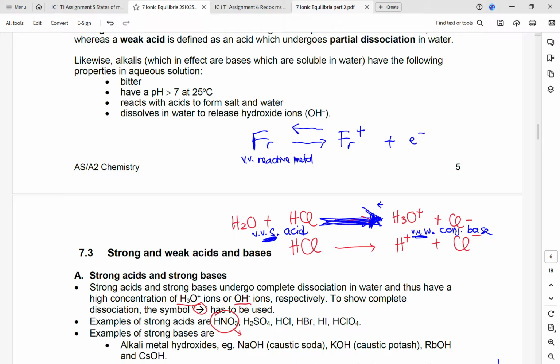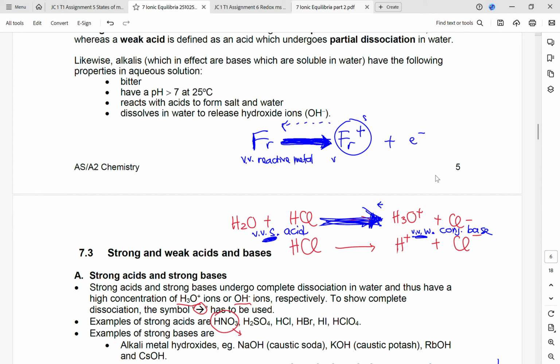No, right? Because this arrow lies heavily, if not completely, to the right. This francium ion does not want to go in the reverse direction because it's already stable.